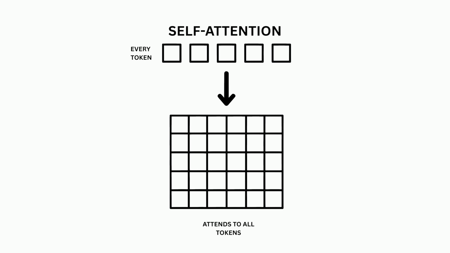The word it in a sentence can directly attend to the noun it refers to, 3 words earlier or 10 words earlier, with no chain in between and no fading signal. Because every token can see every other token simultaneously, this whole computation happens in one parallel pass instead of a slow step-by-step crawl.